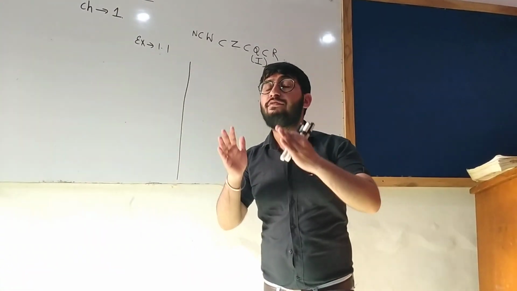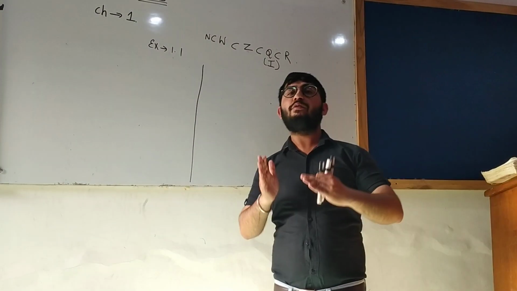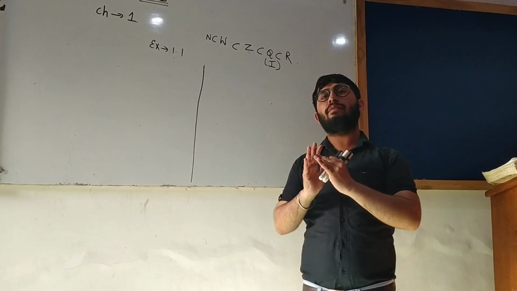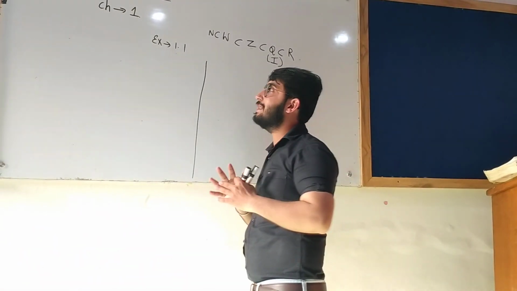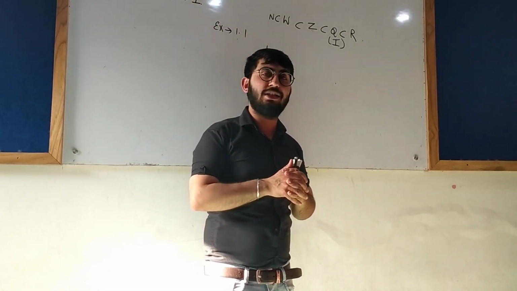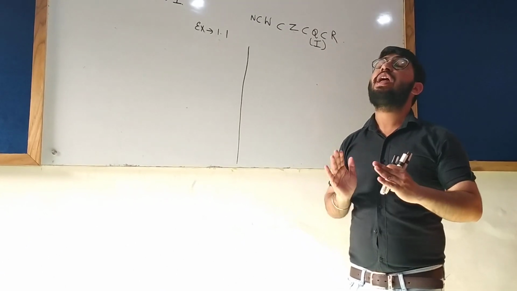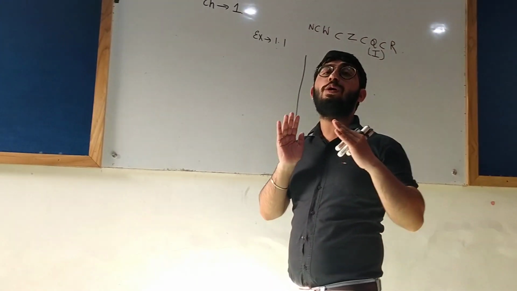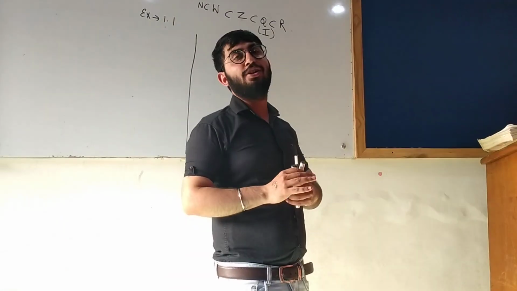Here p represents the numerator and q represents the denominator. If a number satisfies all these 3 conditions, then the number can be called rational.